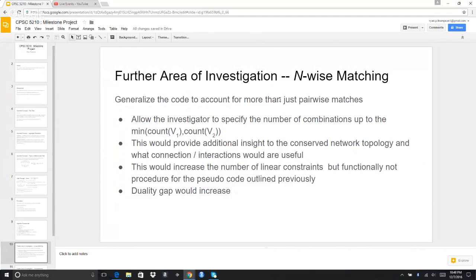I think that would be helpful because as you examine more and more interactions, if you see a few chains pop up with a common vertex, you have the ability to spot a higher commonality of a vertex between graph 1 and graph 2, between the conserved network topologies, because you would have it identified and be able to flag it for its frequency count of how many times it's being observed.